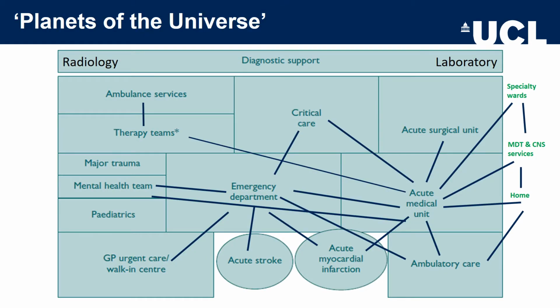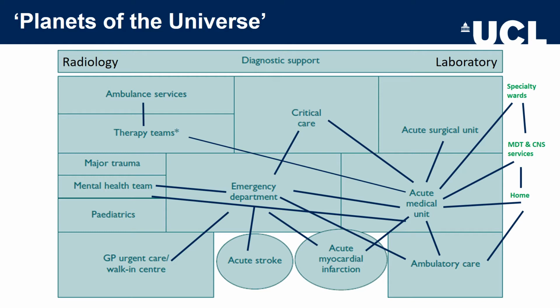Now, if we look more closely at the different interrelationships, this is what I've described as the acute planets of the acute medicine universe. You have the emergency department at the center, which is parallel to its sister, the acute medical unit. This in turn has a complex web of relationships.